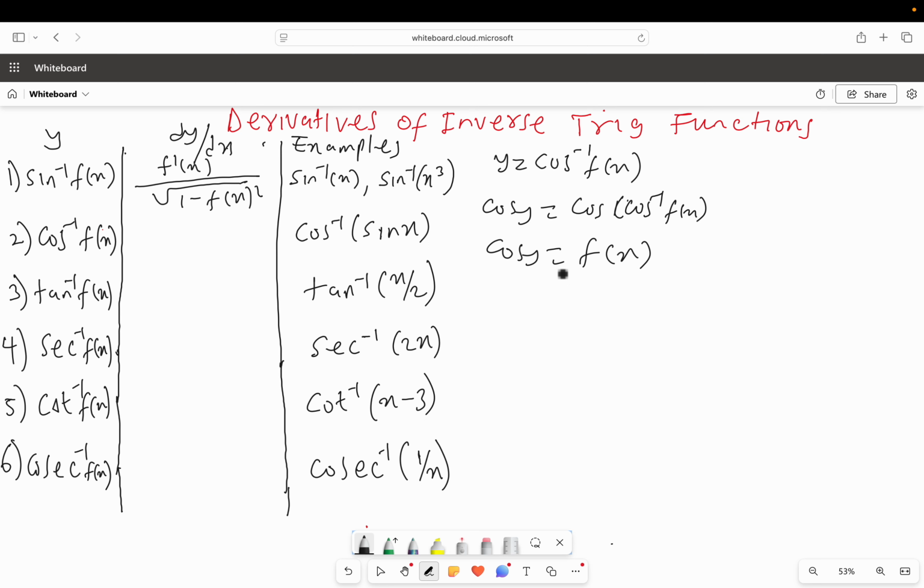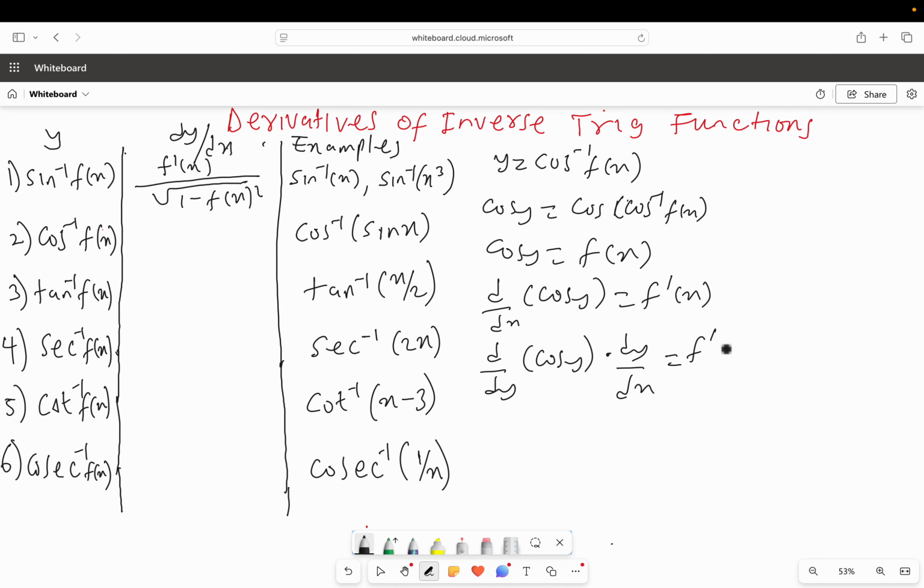So I can differentiate both sides with respect to x, so it will be d/dx of cos y, and then I will have f prime of x. So I can apply chain rule, so it will be d/dy of cos y times dy/dx, because y is a function of x.